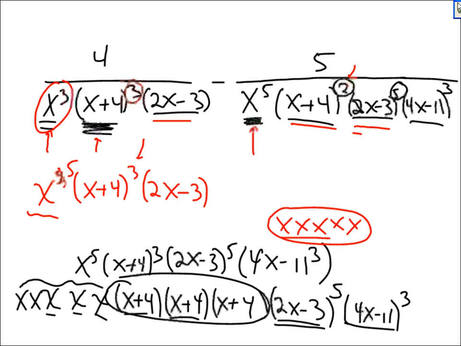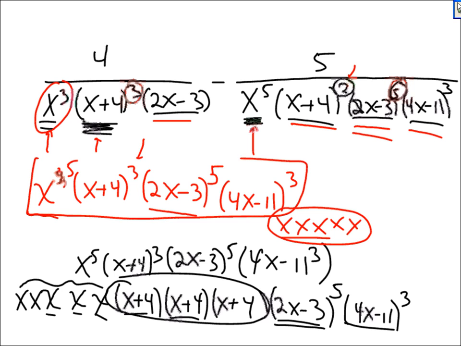And I need 2x minus 3, 5 factors. Well, I only wrote it down 1. There's an understood 1 there. But I need it 5 times, so I'll add on the 4 others. So now I have 2x minus 3 to the 5th. And lastly, I need 4x take away 11 to the 3rd power.